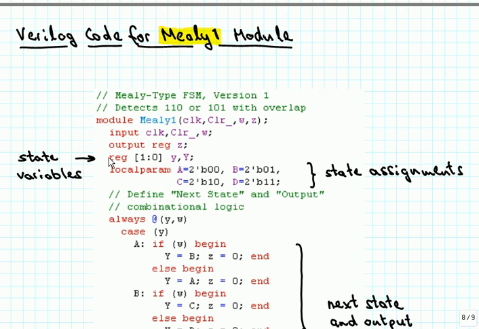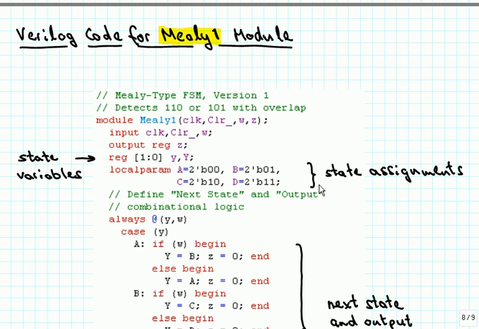For the local parameters, we have now fewer of those because we have fewer states, and in fact, because we only have 4 states, 2 bits are enough for making the state assignments, and we actually use now all possible combinations of 2 bits for the state assignments.